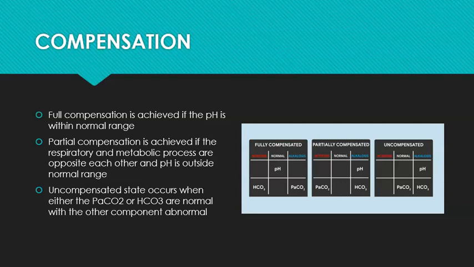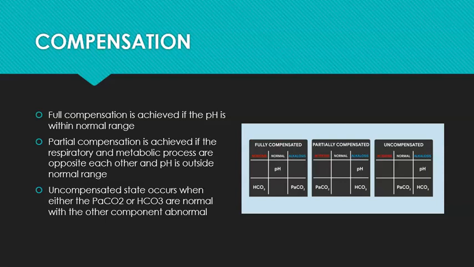So you can have a partially compensated metabolic alkalosis, which is what that middle grid indicates, because your pH and your HCO3 are in the alkalosis column, but your PaCO2 is in the acidosis column, meaning this is a partially compensated process. You have an uncompensated state when either the PaCO2 or HCO3 is in a normal range.